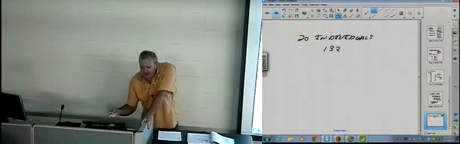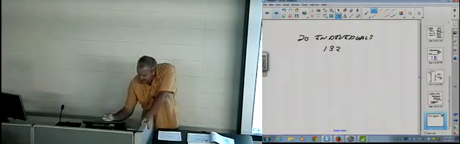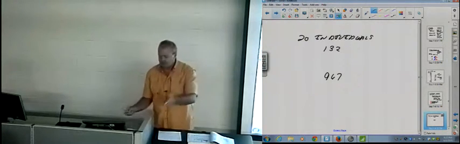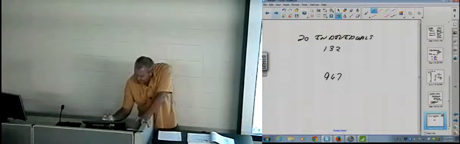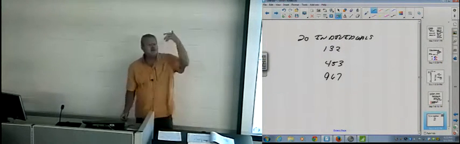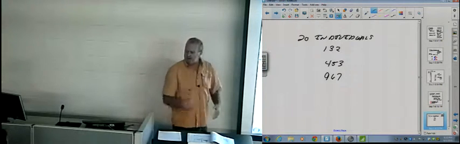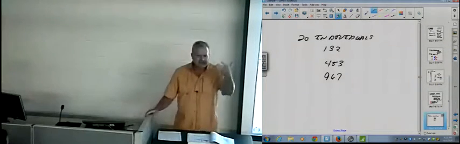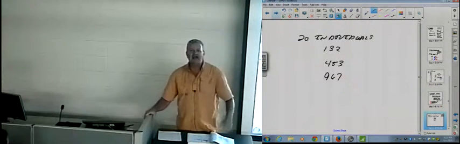The largest value I see in my data set is 967, and then I'm going to give you one in the middle. I just gave you 3. Remember, I got 20 individuals, so I got 20 pieces of data that fit between 132 and 967.